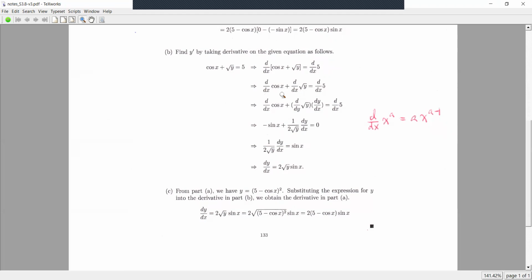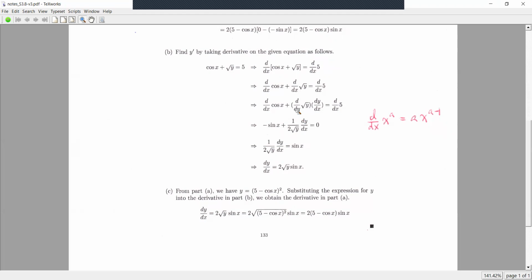The derivative of cosine with respect to x is computable. It is negative sine. But this derivative is not computable directly because y and x are two different variables. Before we can compute this derivative, we need to apply the chain rule.